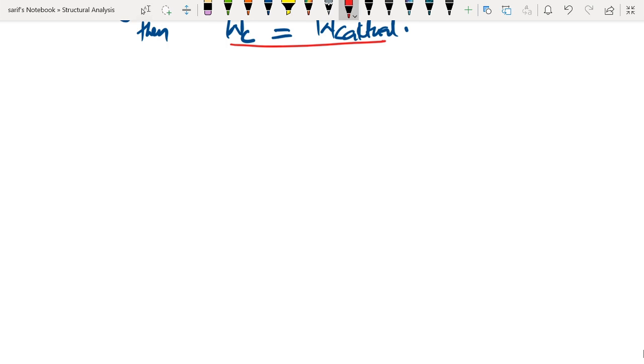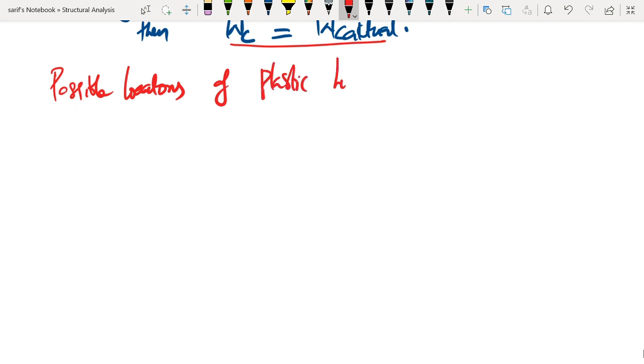Now next thing is, let us find out what are the possible locations of plastic hinges. So what are the possible locations of plastic hinges in a structure? So first one is, it can be a point of maximum moment.